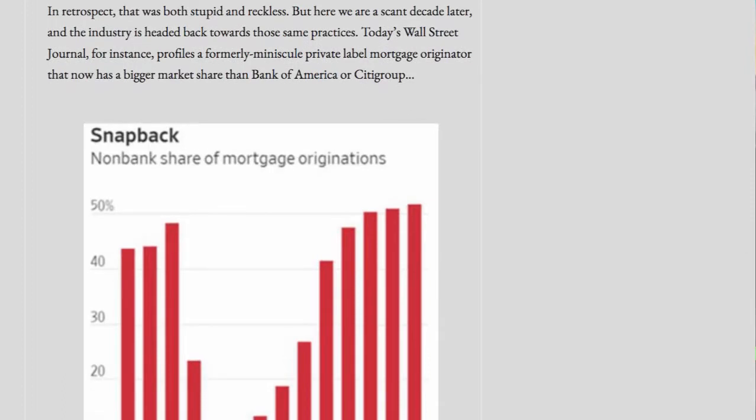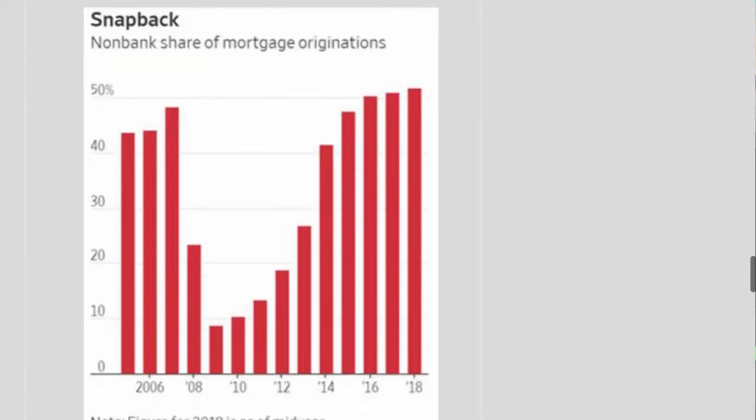In retrospect, that was both stupid and reckless. But here we are, a scant decade later, and the industry is headed back toward those same practices. Today's Wall Street Journal, for instance, profiles a formerly minuscule private label mortgage originator that now has a bigger market share than Bank of America or Citigroup.